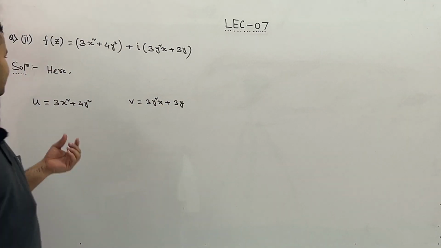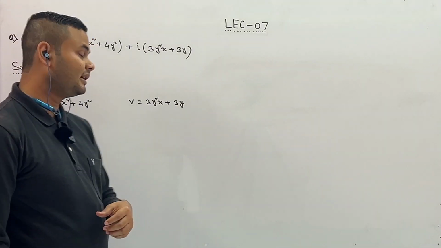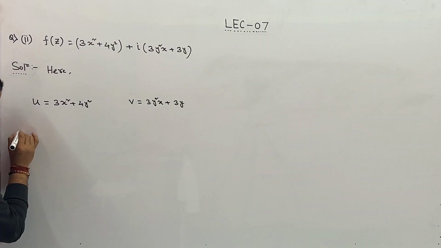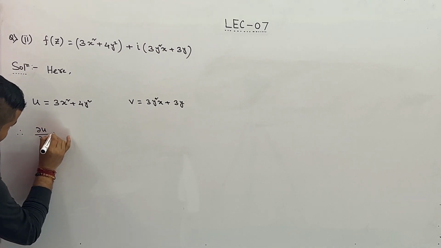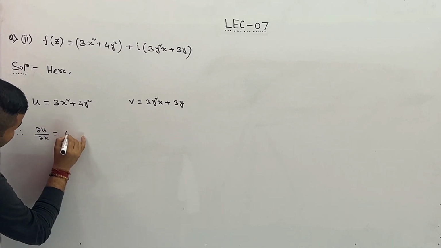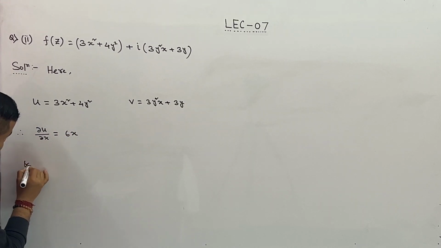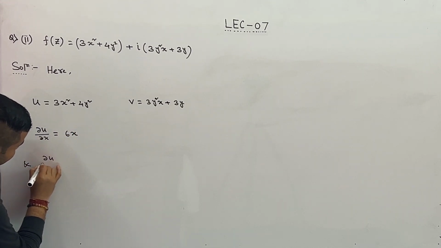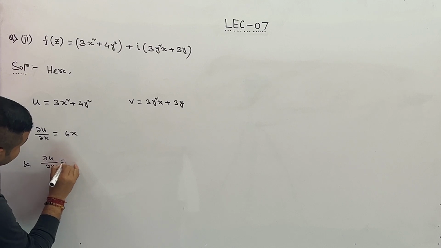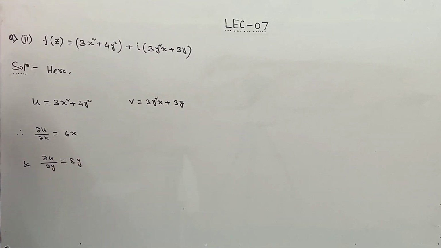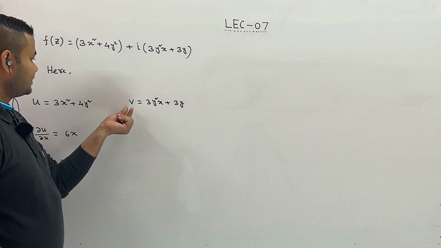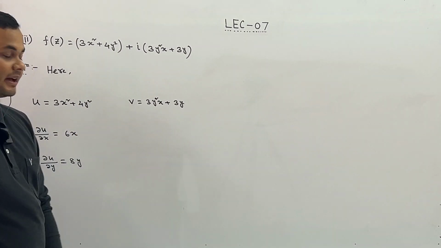Now let us calculate del u by del x and del u by del y. So del u by del x is equal to 6x and del u by del y is equal to 8y.